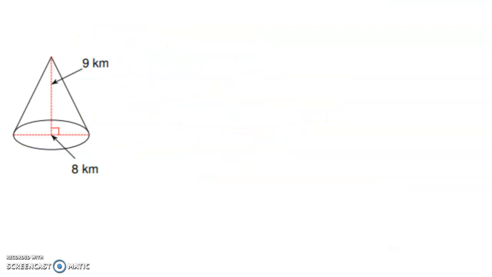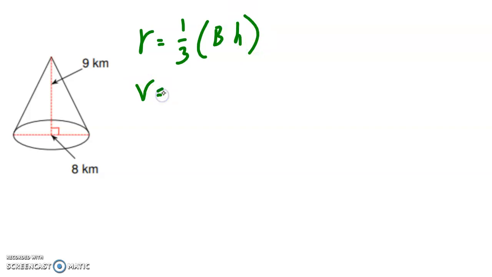Okay, here we go. So, formula, volume equals a third multiplied by the area of the base times the height. Okay, check it out. Gave us a diameter again. So half of the diameter is 4.